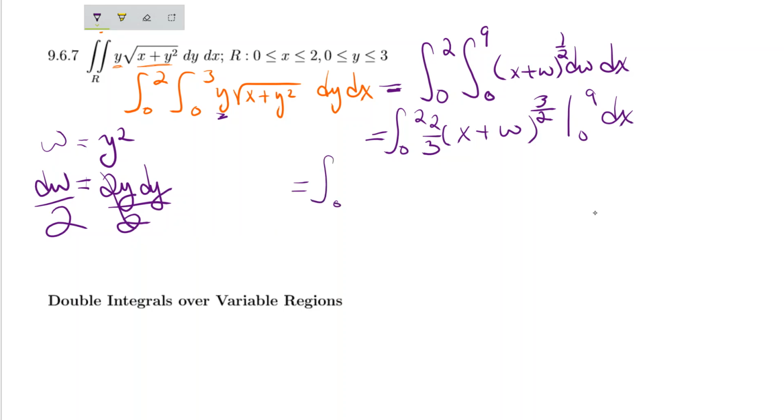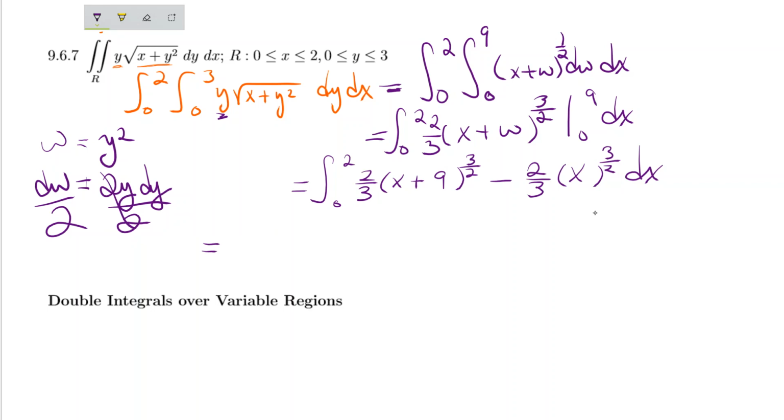So integral from 0 to 2, 2/3, x plus w is 9 to the 3/2 minus 2 over 3 x plus nothing, so I'm not going to write the 0, you can't make me, to the 3/2 dx. Cool. So now same moves, I've got to add 1 to the power and divide by it, because I'm going to do it with x this time.